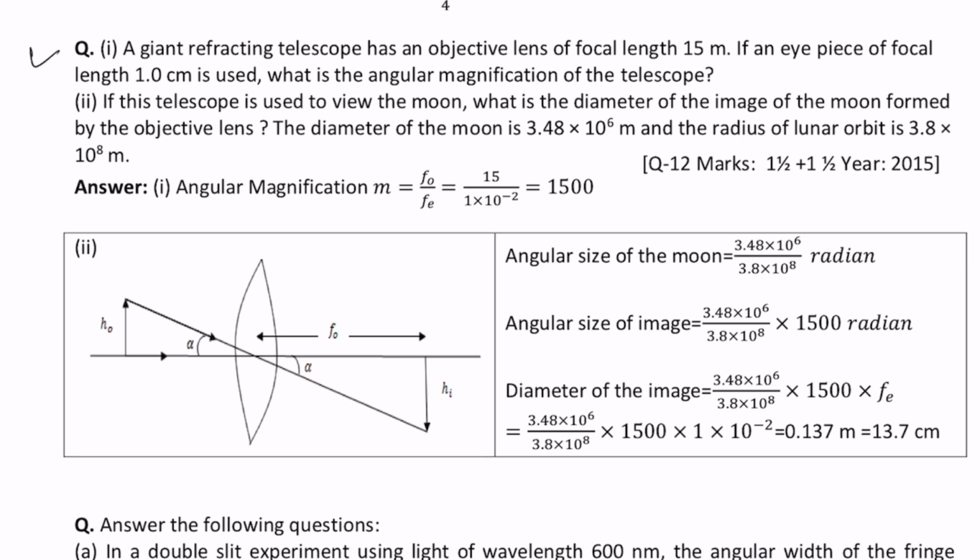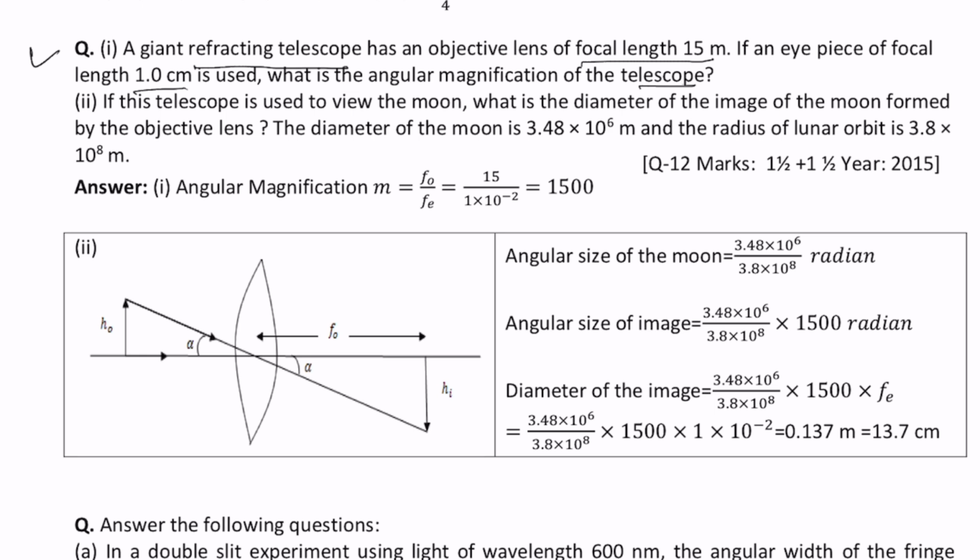A giant refracting telescope has an objective lens of focal length 15 meter. If an eyepiece of focal length 1.0 centimeter is used, what is the angular magnification of the telescope?